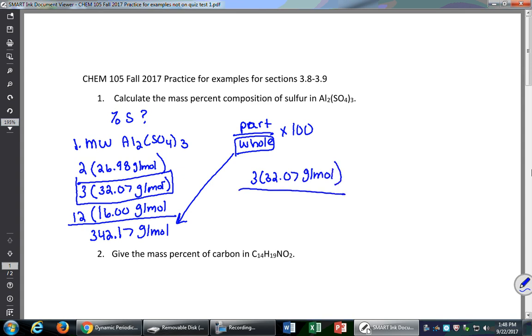Because we do have 3 sulfur atoms. And then our molecular weight is our whole. Notice our grams per mole cancel out, which makes sense because our percent doesn't have a unit. Don't forget to multiply that by 100 because it's a percent.